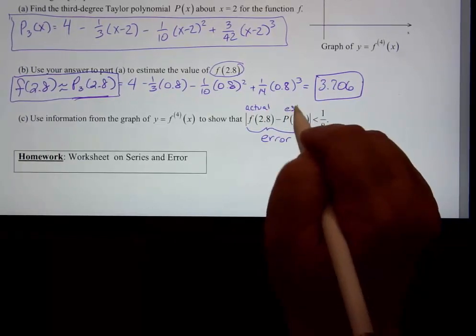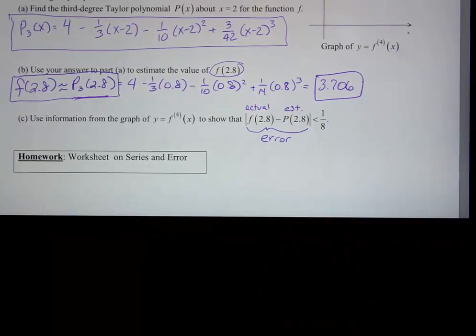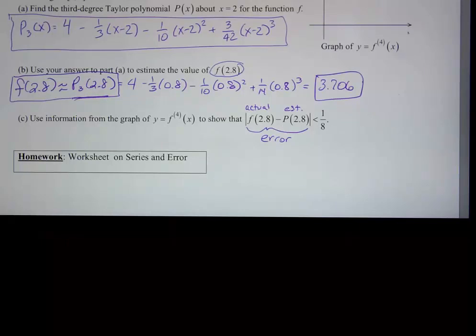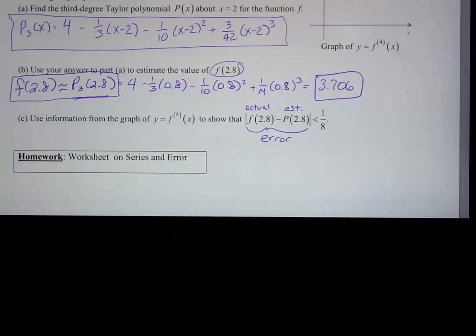And in any sort of situation, when you take the actual answer and subtract the estimate, you get the error. That's just what it is. So, they didn't come right out and say error, they just kind of implied it. Now the question is, which error formula do I use? Do I use alternating or do I have to use Lagrange? I have to use Lagrange because this one is not alternating.